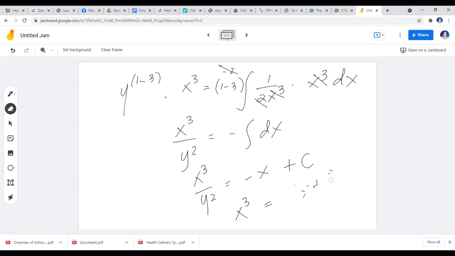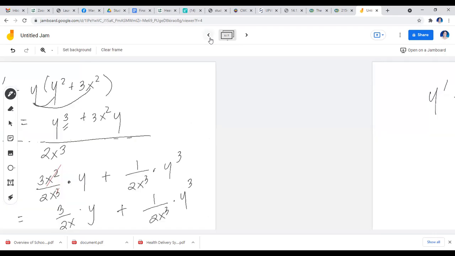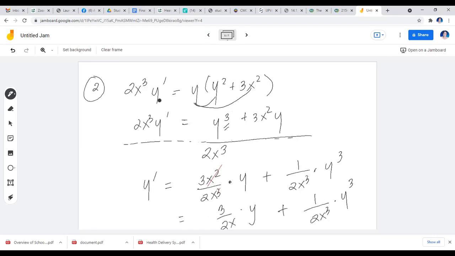The x is negative, so we'll write it here like this. We will have y squared times c minus x. Okay? So this is the solution of this particular Bernoulli equation.